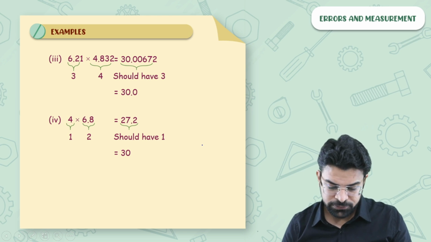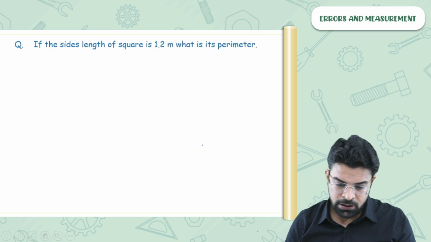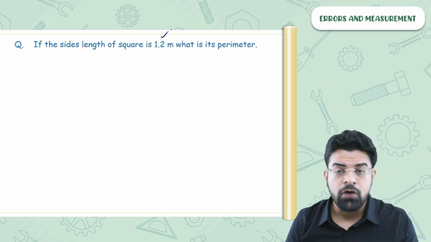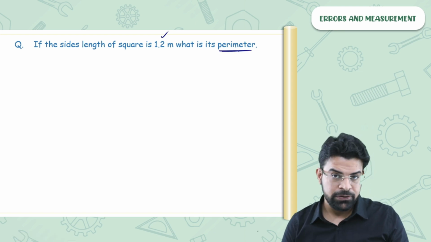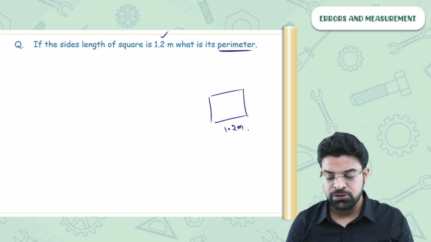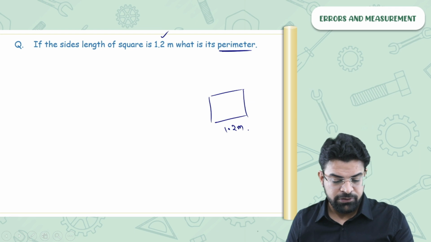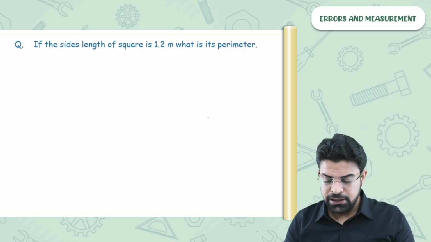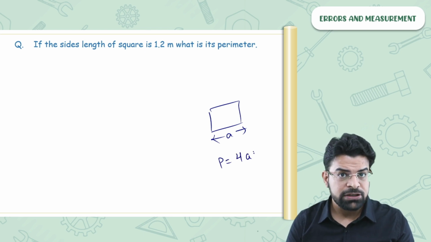So let's move on. If the side length of a square is 1.2 meter, what is its perimeter, taking care of significant figures? You might know that if you have a square of side length a, then the perimeter of the square is nothing but 4 times a.